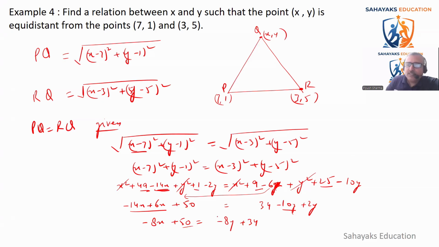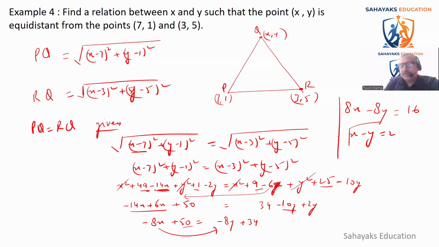Or let's keep the constant on one side. So it becomes 8x. I've moved this to other side, minus 8y. Okay, and I'm putting 34 to the other side. So it becomes 50 minus 34. 50 minus 34 is 16. And if I divide the entire equation by 2, it becomes x minus y is equal to 2.